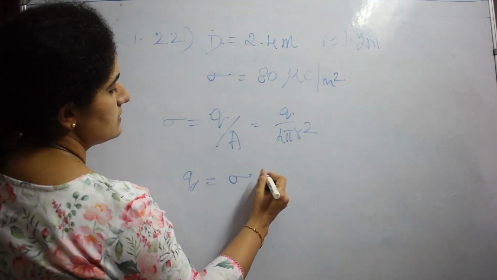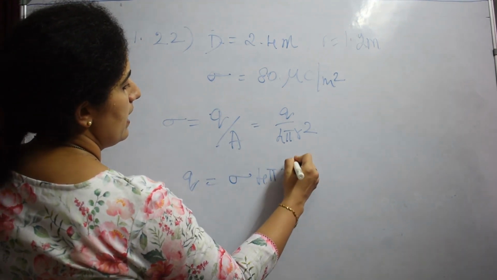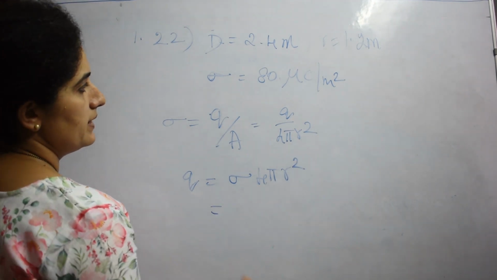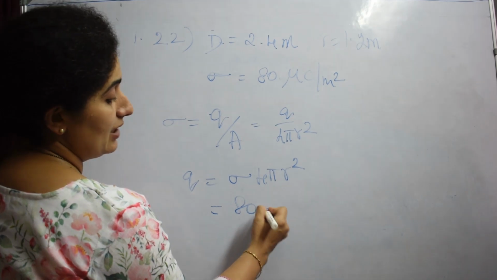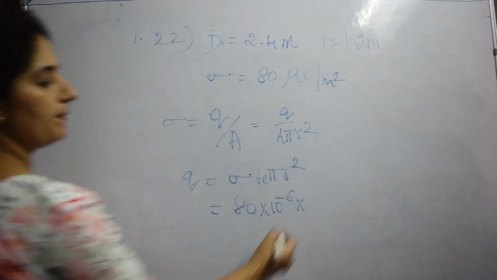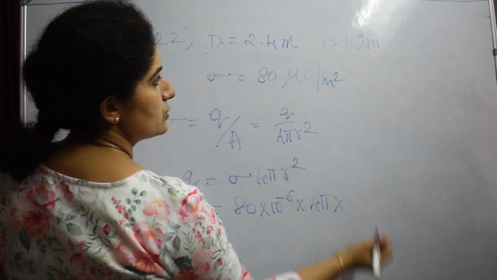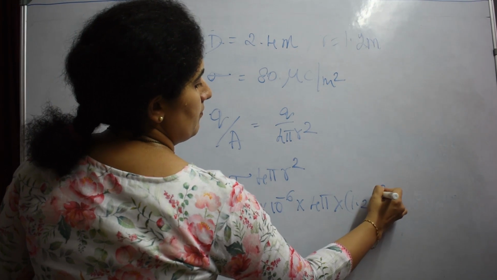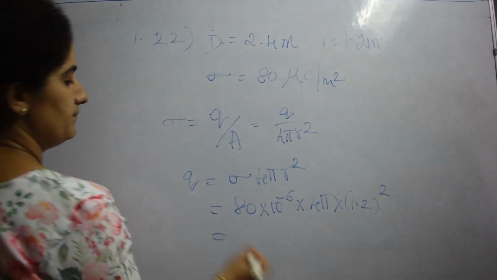Q will be equal to sigma 4 pi r square. Sigma is how much? 80 micro. So 10 raised to minus 6. 4 pi into 1.2 meter, 1.2 whole square.